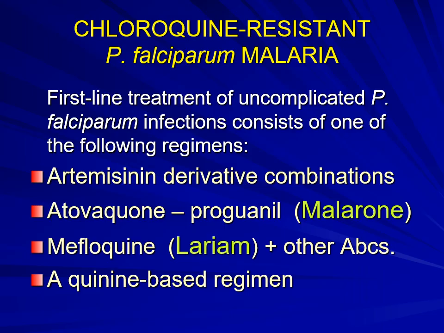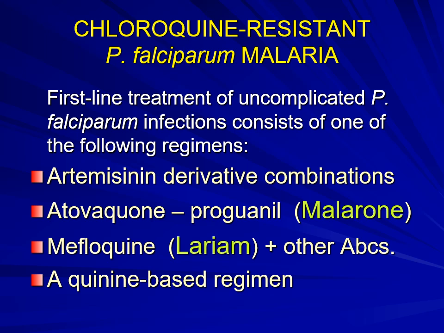Chloroquine-resistant Plasmodium falciparum malaria, of course. We live in the era of drug resistance, and here we have chloroquine resistance. The drug of choice is an artemisinin derivative in combination with other antimalarial drugs. Atovaquone-proguanil is another fixed dose combination called Malarone, and this remains very good and very effective.